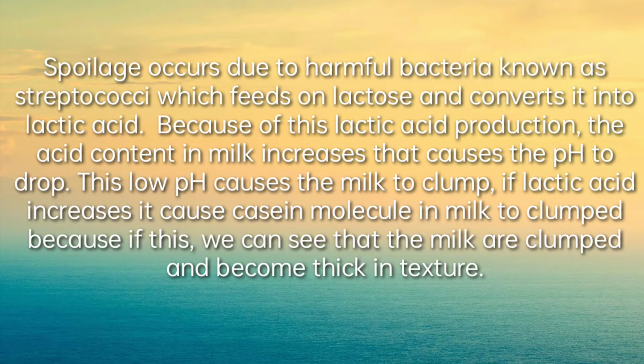Spoilage occurs due to harmful bacteria known as streptococci, which feed on lactose and convert it into lactic acid. Because of this lactic acid production, the acid content in milk increases, which causes the pH to drop. This low pH causes the milk to clump. If lactic acid increases, it causes casein molecules in milk to clump. Because of this, we can see that the milk clumps and becomes thick in texture.